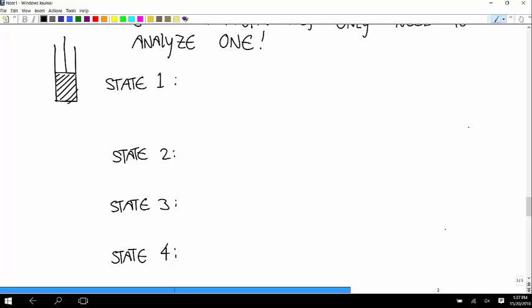Here's the system inside there. At state 1, it's half full. At state 2, it's all the way compressed as much as it can be.